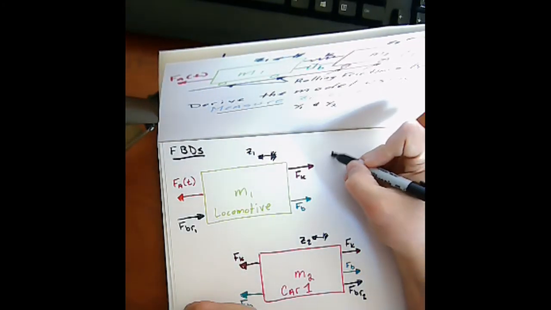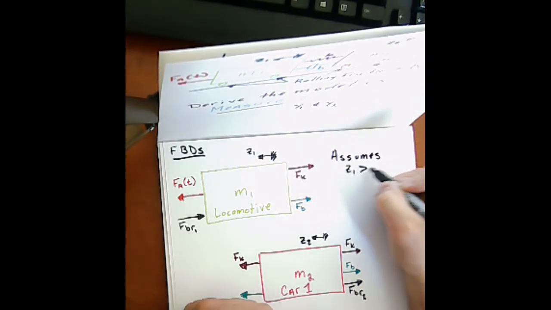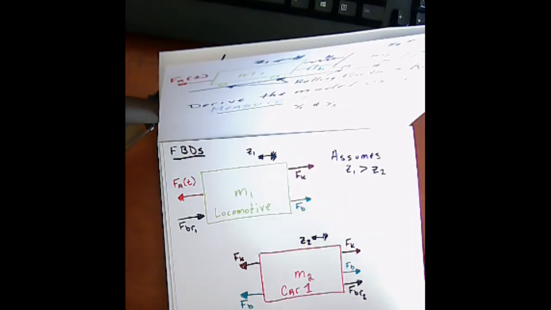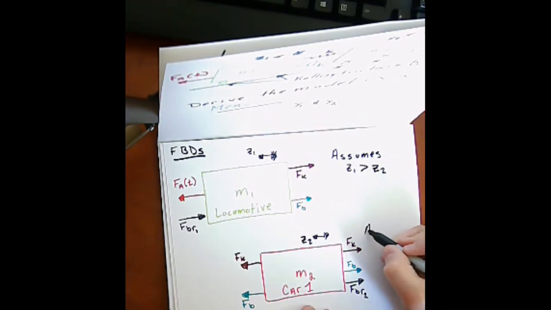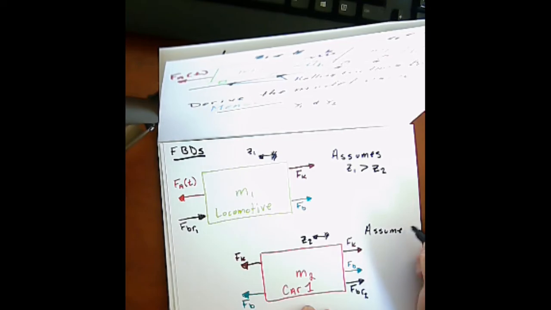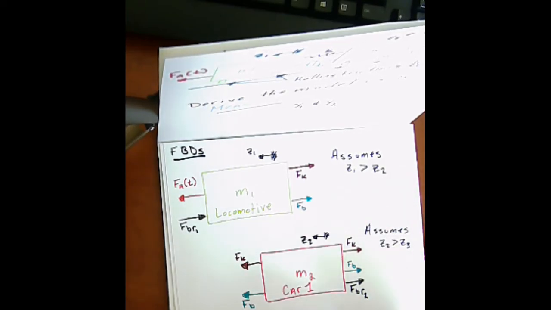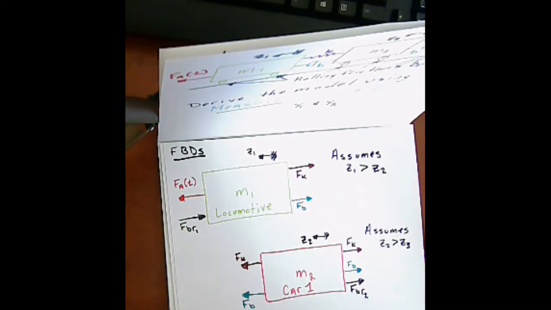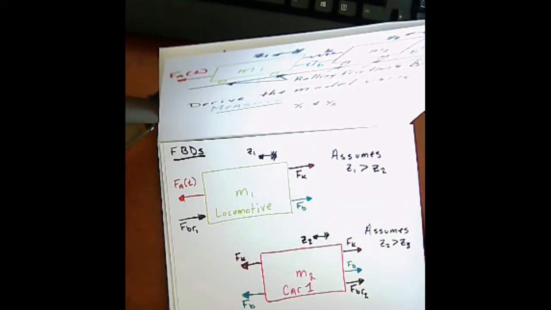Interesting. Why is this interesting? Because this assumes that Z1 is greater than Z2. So the way that I've run this is I'm assuming that Z1 is greater than Z2, and I've assumed that Z2 is greater than Z3. That is what I, in fact, have assumed here, and you can see my free body diagrams here. Notice equal and opposite.